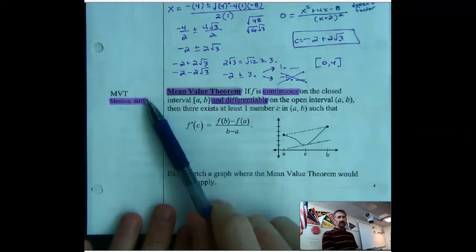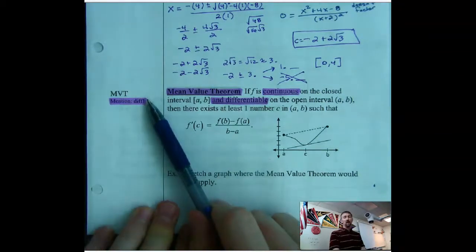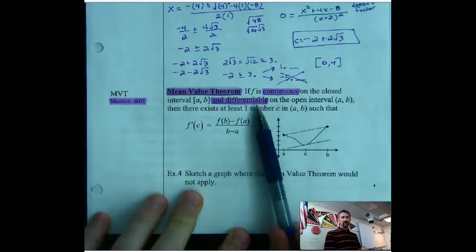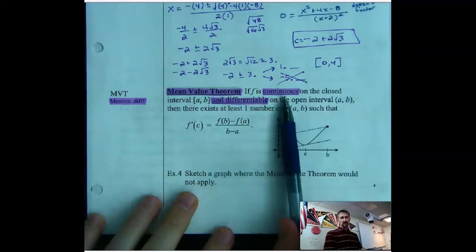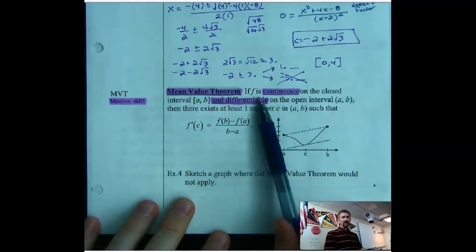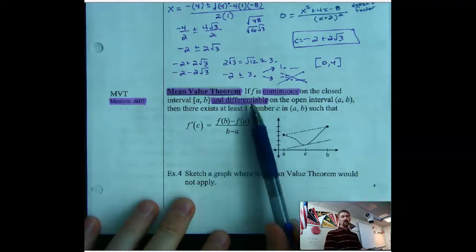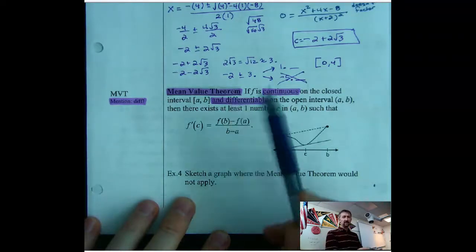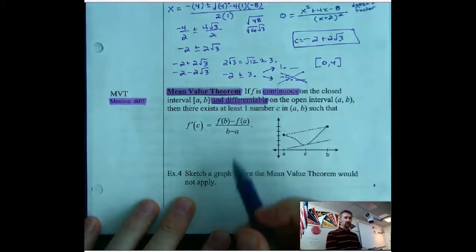Make sure on the AP test, if you are mentioning the mean value theorem, that you say it's continuous and differentiable. Now remember, if it's differentiable, then it's automatically continuous, but not necessarily in reverse. So if the AP exam says it's differentiable, you can say it's continuous because it's differentiable.